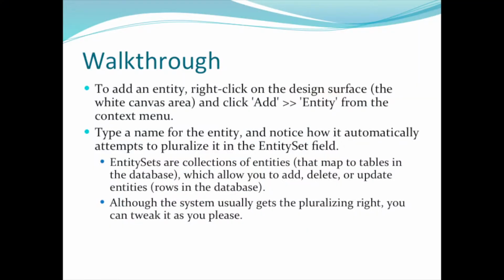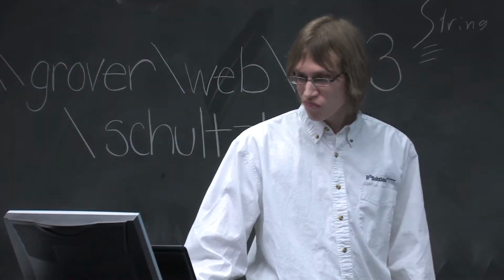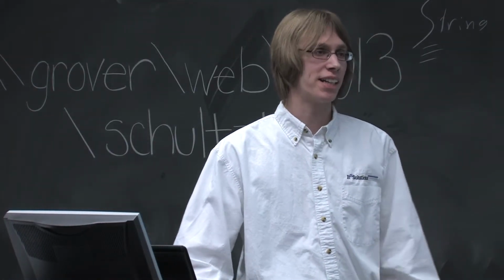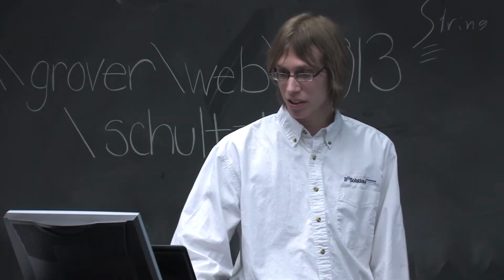In order to add an entity, just right-click anywhere on the design surface, which is all the white space, and click Add an Entity from the context menu. Just type the name of the entity you want, and notice how it'll attempt to pluralize it, sticking with database naming conventions. Entity sets are pretty much the collections of all the entities you have, and they come along with all the add, updates, deletes, and all the good stuff that goes with it.